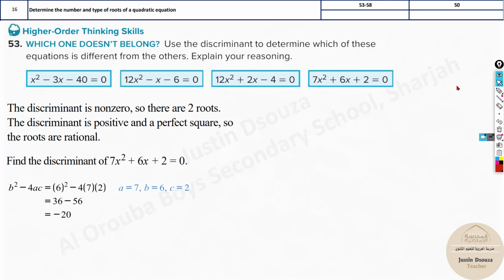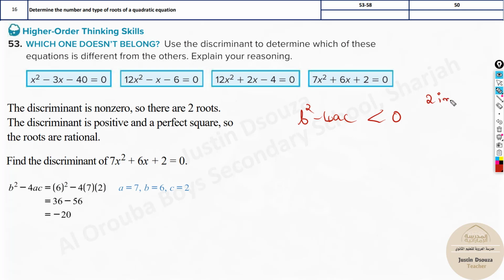This means there are certain rules. Now I will tell you about the discriminant. When the discriminant, that is b squared minus 4ac, is less than 0, you will have two complex or imaginary roots, you will have i.